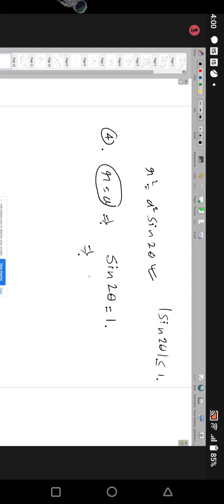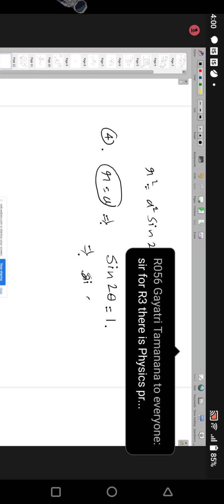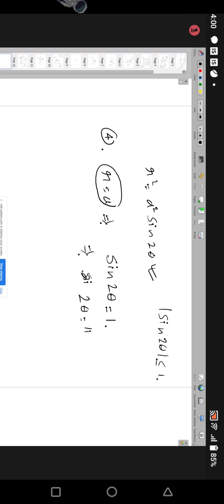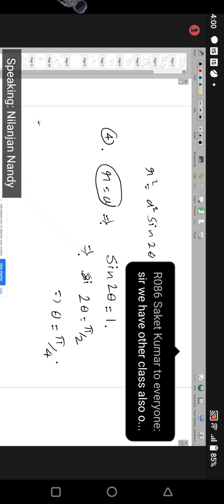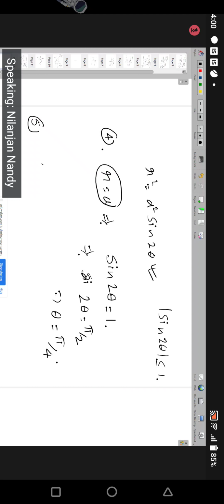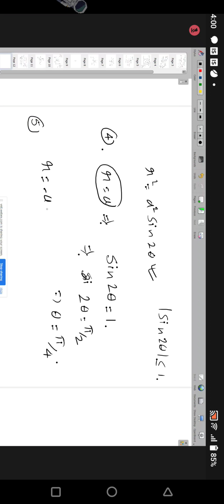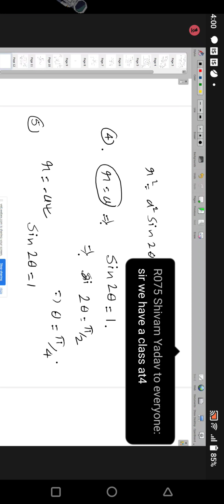Now if you set r equal to minus a, sine 2 theta is also 1, but I am selecting r equal to minus a.